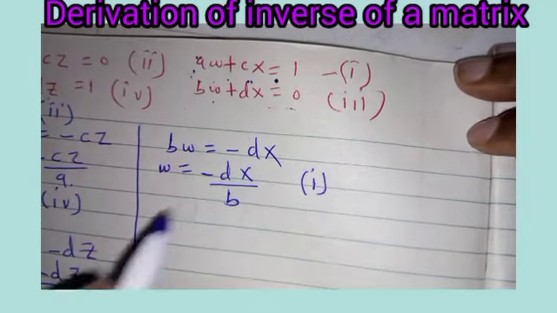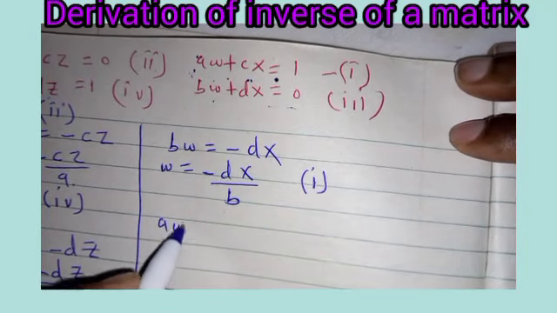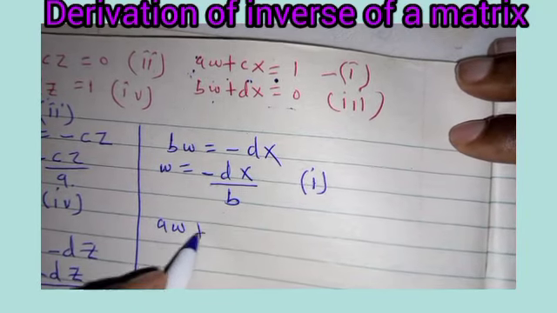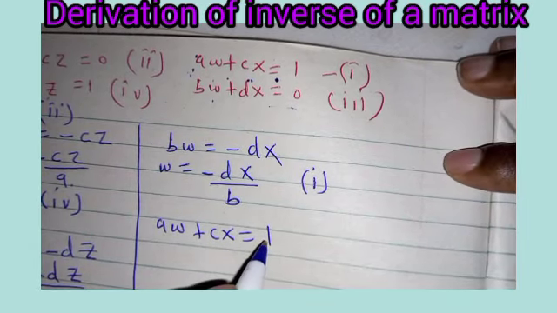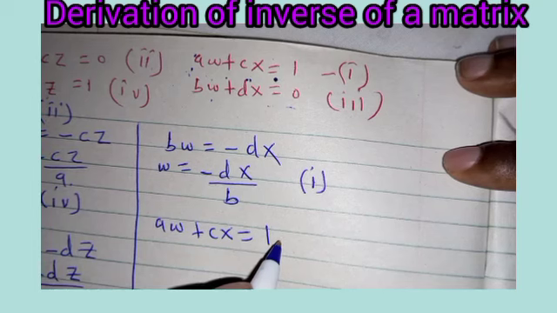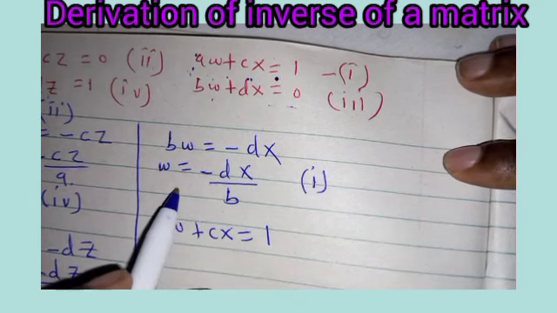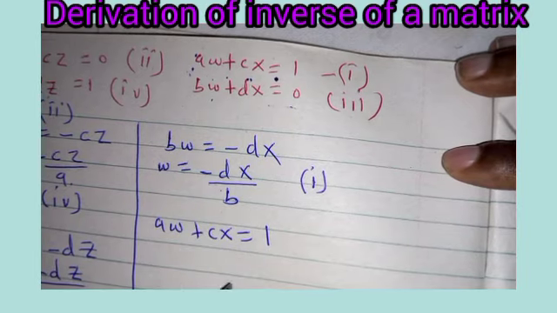Then from equation 4, aw plus cx is equal to 1. So instead of w, we can substitute this value of w.